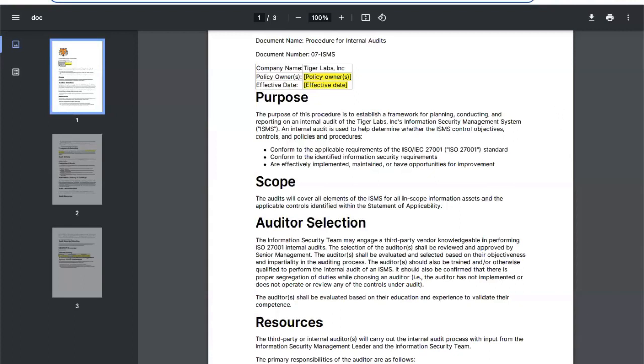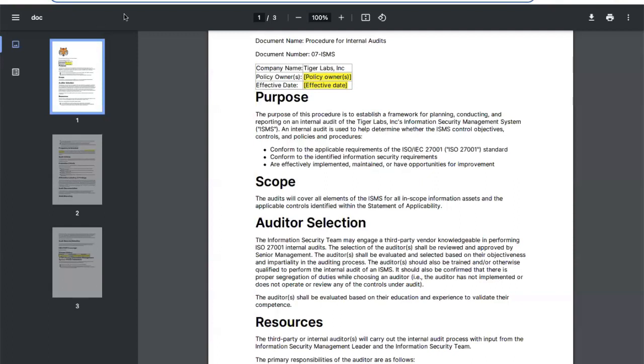All right, thanks, Caitlin. Okay, folks, so the procedure for internal audits. Let's first talk about the context for this policy. This comes out of the requirements from ISO clause 9.2 for internal audit. For those folks who have done SOC 2, this is a very distinct difference in ISO.